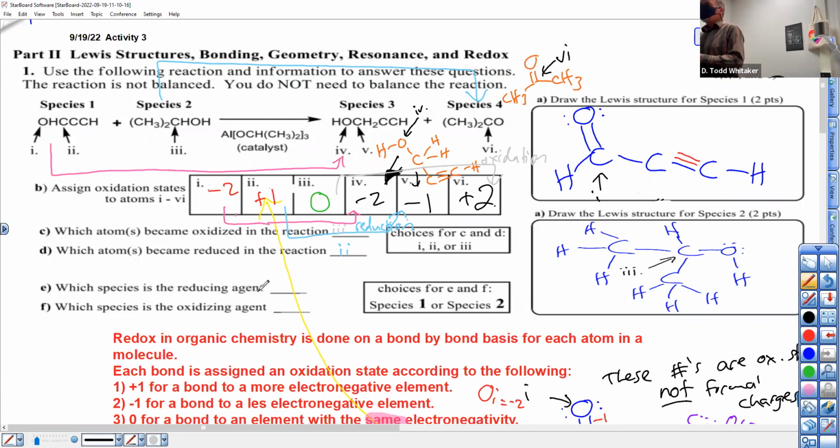Okay, so a species became oxidized, it must have been the reducing agent was your logic, right? You can have an example where this carbon in a molecule became oxidized and a different carbon in the same molecule became reduced. And now what are you saying?